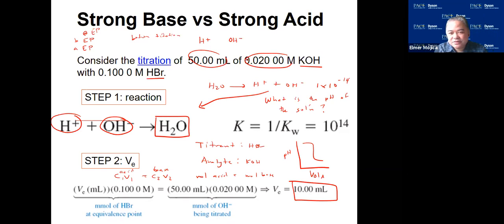It's all the base. So all you need to do is get the pOH of this and then get the pH, and that is equal to 12.3. So if we're going to look at it, we could say the start of the titration here is 12.30. Okay?